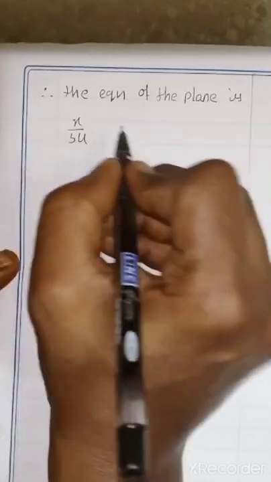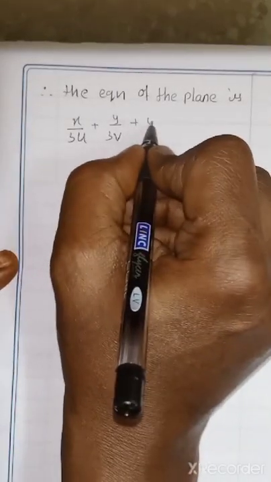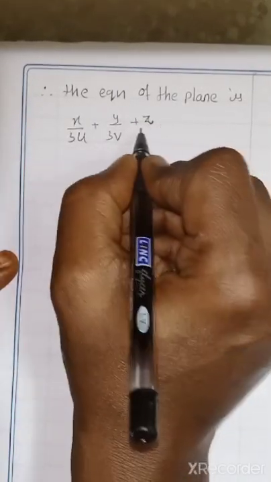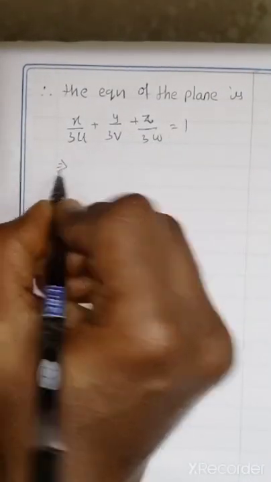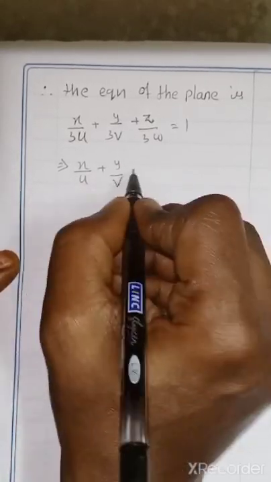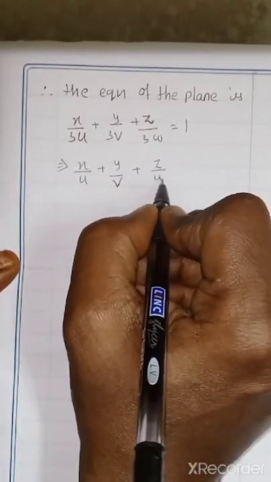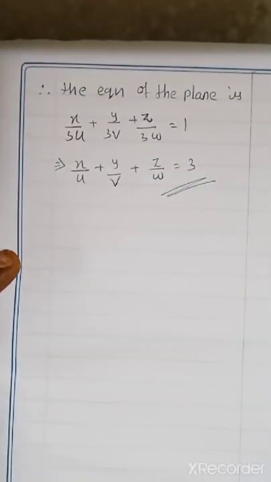So x by 3u plus y by 3v plus z by 3w equal to 1, or we can take it as x by u plus y by v plus z by w equal to 3, which is your equation of the plane.